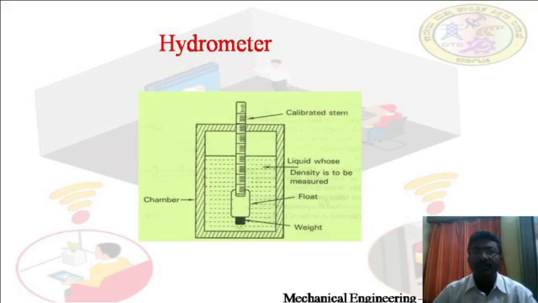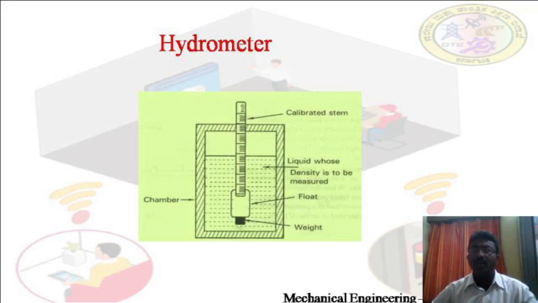The main parts of a hydrometer are: first, the calibrated stem which has graduations. Next is the float, a wider bottom portion meant for buoyancy. And the third one is the ballast, a heavy weight attached for stability, which gives stability to the hydrometer.